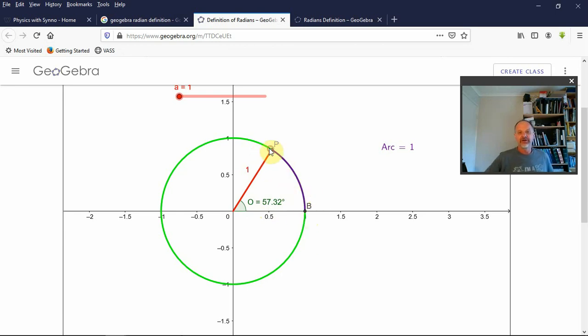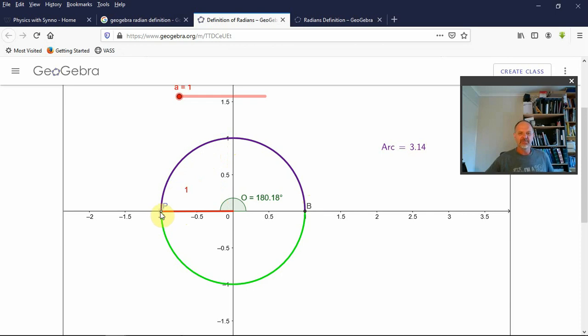All right, and if I keep going, 90 degrees, 1.57. And I keep going around here, 180 degrees. Can't get it just straight on. Oh, just close, 3.14. That's interesting, 3.14.